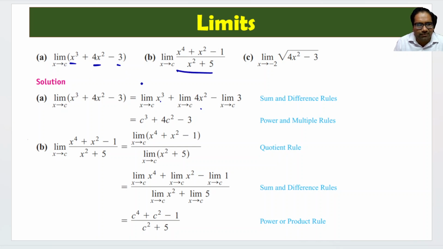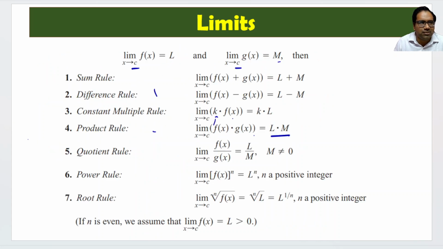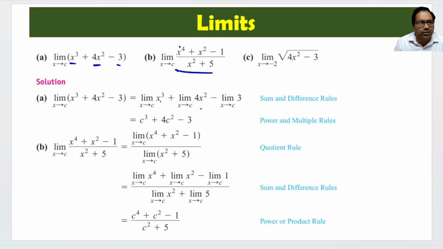Similarly, let's take this one. This is the division rule. What is the division rule? Division rule is if there are two functions, a ratio of two functions, then we can take it as limit x tends to c f of x by limit x tends to c g of x. Basically, limit of fractions. Right, we can do this. That's why here also, let's say this is f of x, this is g of x, we are using the quotient rule.